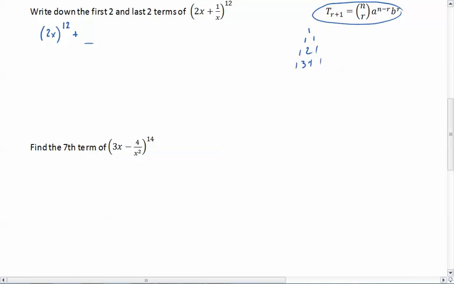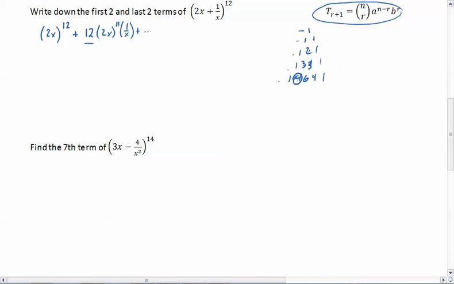For every single row, the second number is always the same as the row number, because this is row 0, 1, 2, 3, 4. So the second number, the first element, the second term, that constant is always the same as the row number. Because I'm looking at row 12, this next number should just be 12 times 2x to the, now remember that's going to go down 1, 2x to the 11th, and 1 over x to the first power.